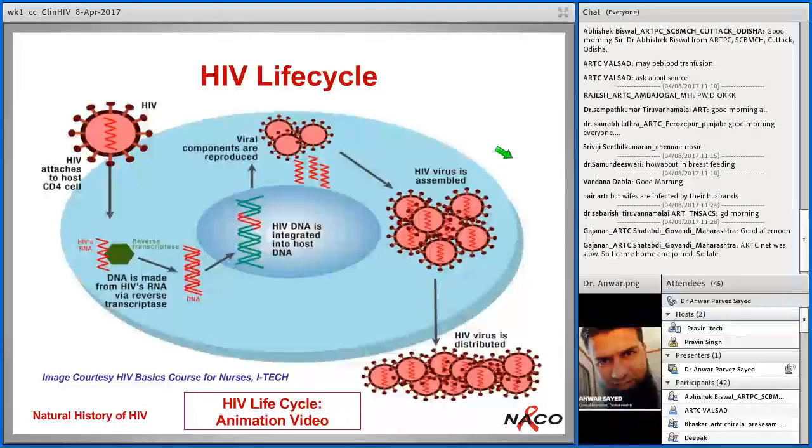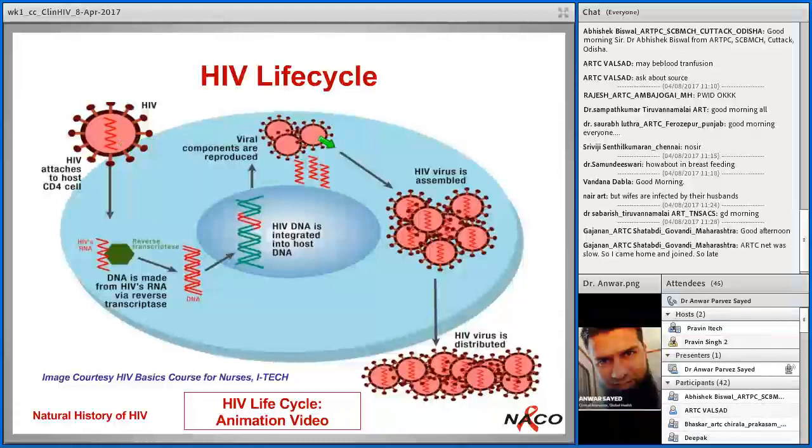T lymphocytes are responsible for cell-mediated immunity, and B lymphocytes are responsible for humoral immunity. That means antibody formation is done by the B lymphocytes. Now T lymphocytes are mainly called helper T lymphocytes, which are the main defense mechanism of the body. Those T lymphocytes which have a CD4 receptor on their surface are called CD4 cells.